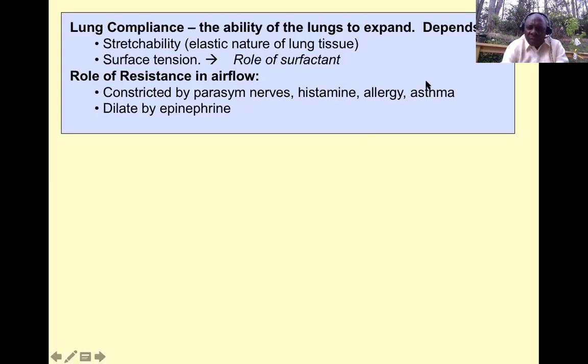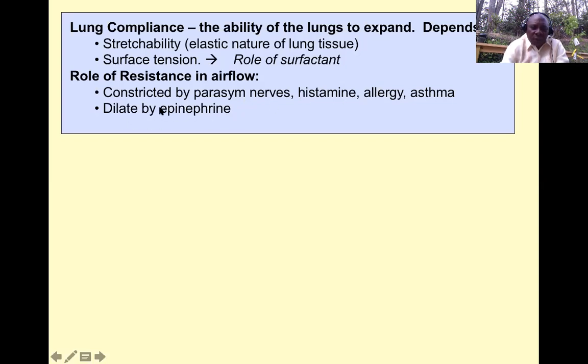Asthma will cause bronchial constriction, and so you use an inhaler that has albuterol, and that will cause bronchial dilation. What we have not talked about so far is the effect of allergy. So allergies, the spring is coming, we're getting into spring. Allergies can also cause bronchial constriction.